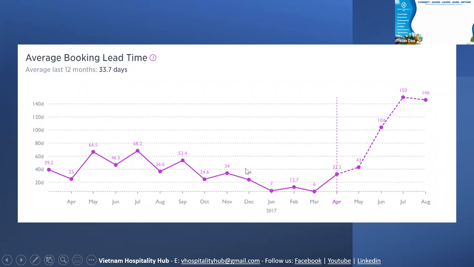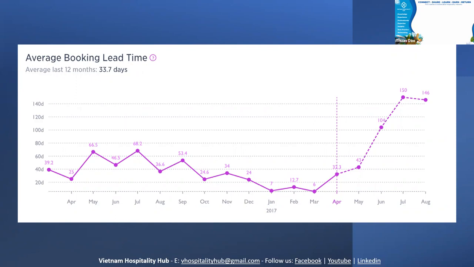Because if you are at May currently, and bookings usually are made 66 days before, and you are now within 30 days but you don't see much booking come, that means you are in trouble already, right?